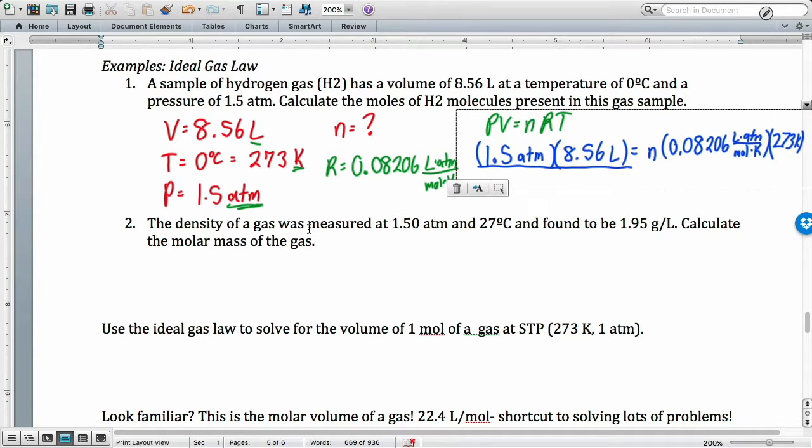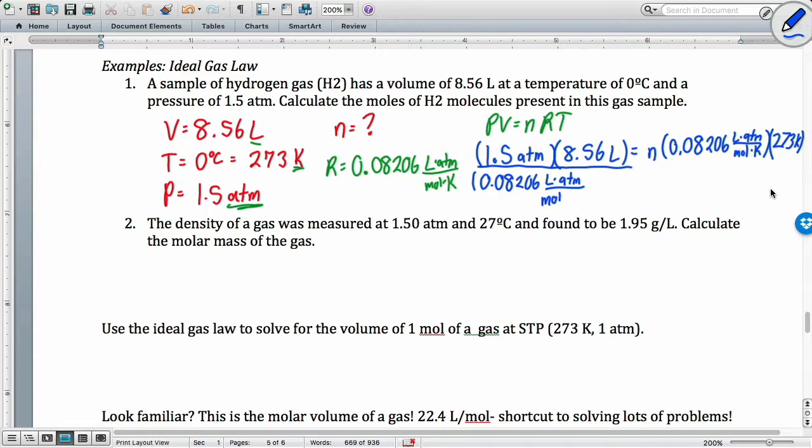No, it won't. So write them back down over here, 0.08206 liter atmospheres per mole Kelvin divided by 273 Kelvin.